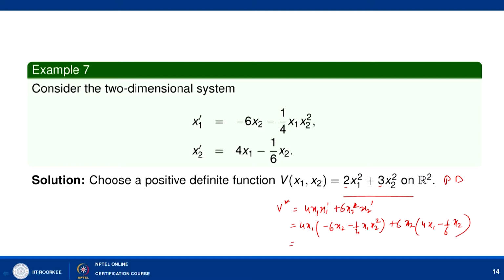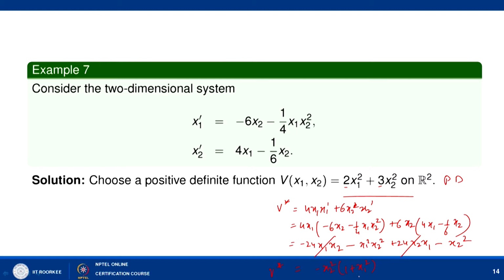If you simplify, this is minus 24 x1 x2 minus x1 square x2 square plus 24 x2 x1 minus x2 square. So, if you look here, this will be cancelled out and we will get minus x2 square. If you take it out, then it is (1 plus x1 square). So, V is positive definite, and if you look at V star, then it is taking all the time non-positive value.